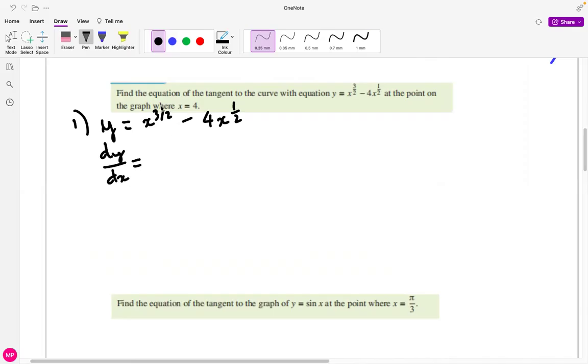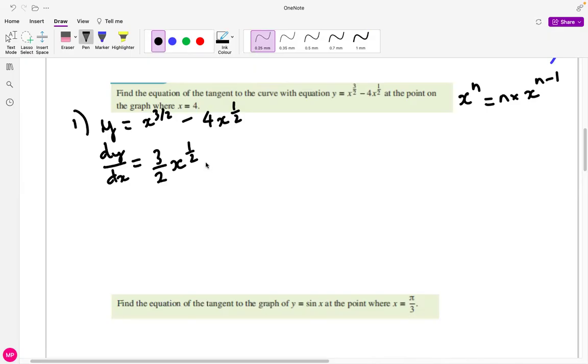If you recall, the derivative of x to the power of n will be n times x to the power of n minus 1. So for x to the power of 3 over 2, you bring 3 over 2 to the front, and then you do 3 over 2 times x to the power of 3 over 2 minus 1, which you can write as 1 half. Okay. And then you're done with this one.